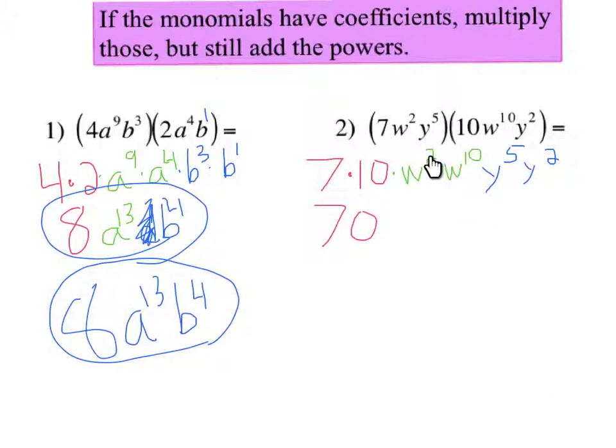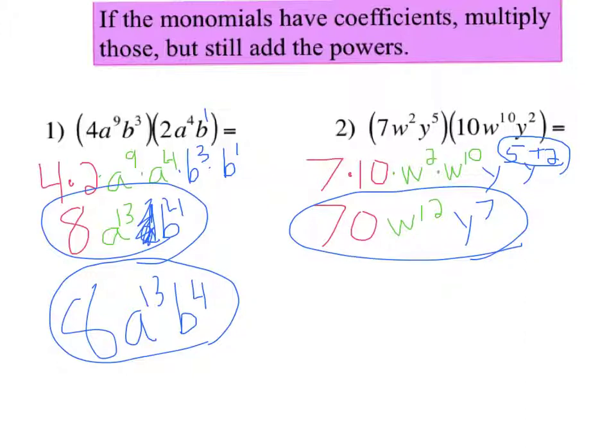So w to the second multiplied to w to the 10th. That's a total of 12 w's. w to the 12th power. This is y to the 5th multiplied to y to the 2nd. So that's a total of y to the 7th. All I'm doing is adding the exponents. Okay, there's my answer. I'm done.